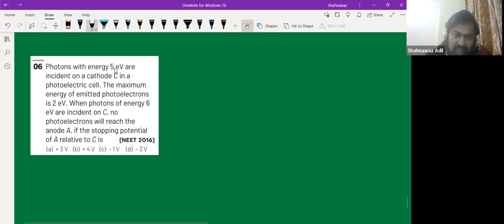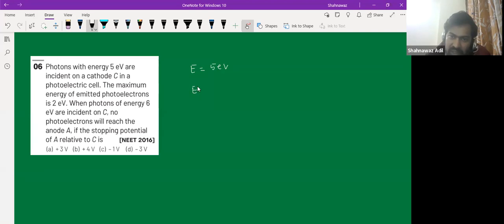So we see that this photon with 5 electron volt is incident, right? So the energy of the photon which is incident is 5 electron volt, and on a cathode C in a photoelectric cell the maximum energy of the emitted photoelectrons is 2 electron volt.